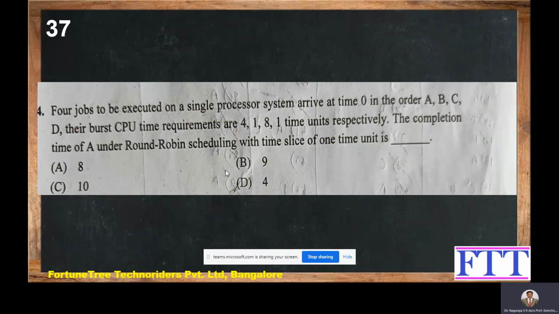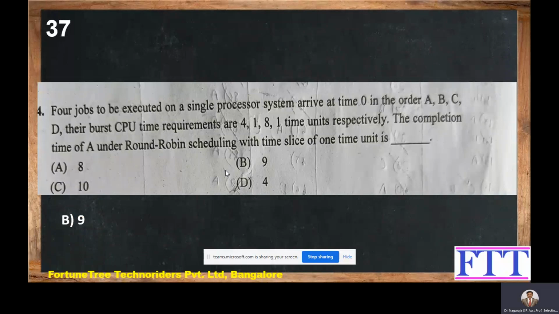The completion time of A under round robin scheduling with time slice of 1 time unit is: option A 8, option B 9, option C 10, and option D 4. So the right option is option B, 9.